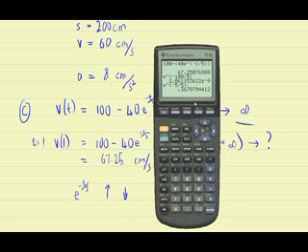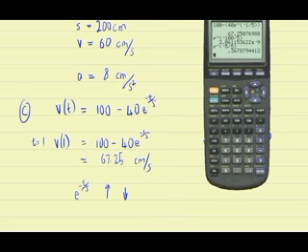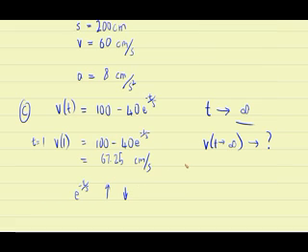So what we can conclude from here is that as t is approaching infinity, this part of the function decreases, it goes down. And as t becomes very, very large, this particular value will approach 0.